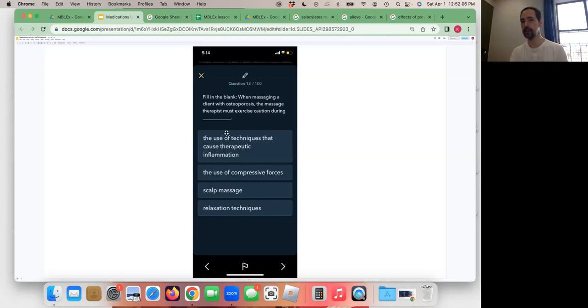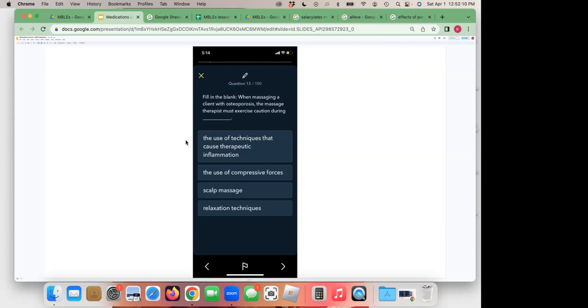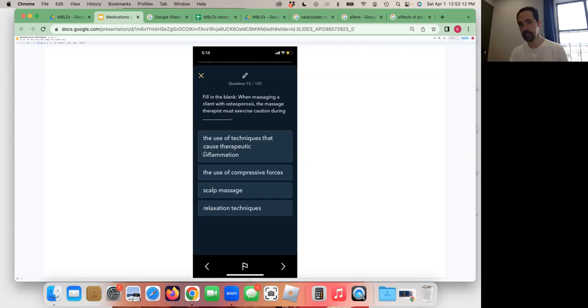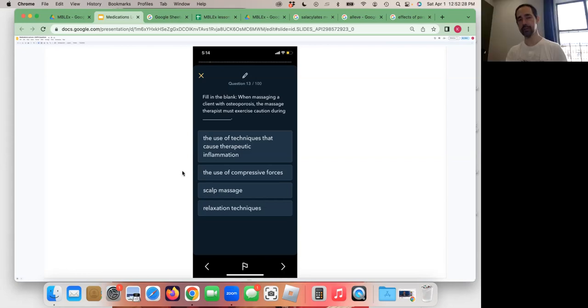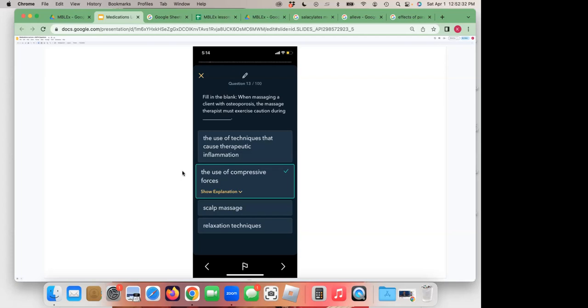What's the risk? Fracture, yeah. So which one of these, A, B, C, D, do you have caution with? It's B, yes, because compressive forces can do what, Rosie? It can cause a fracture or broken bone.